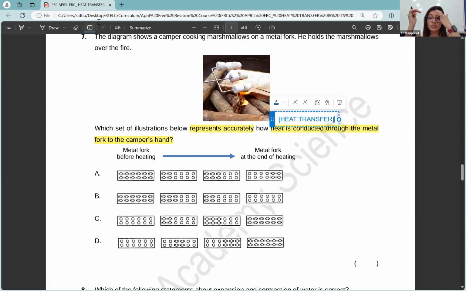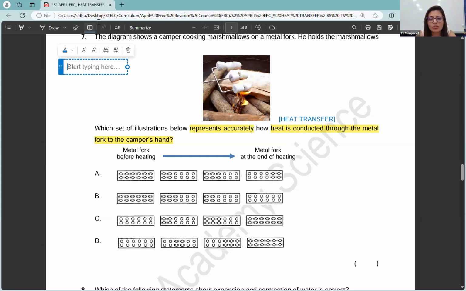The question here gives you an illustration of heat transfer in terms of diagrams. They didn't use words. So before heating the metal fork, and then they give you after heating the metal fork. So what happened when metal is heated? Now, when your metal is heated, we know that the atoms will vibrate, right? It's solid, so they're closely packed.